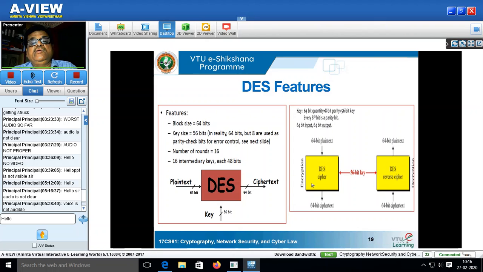The first plain text block P1, second P2, P3, and so on, up to Pn, combined together, represent the plain text.